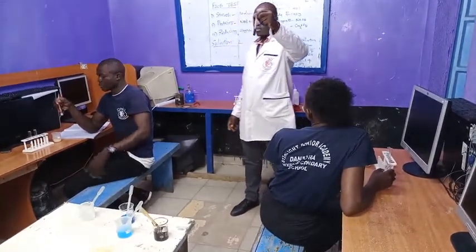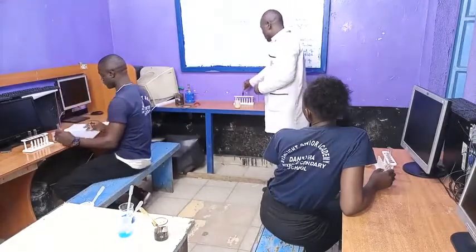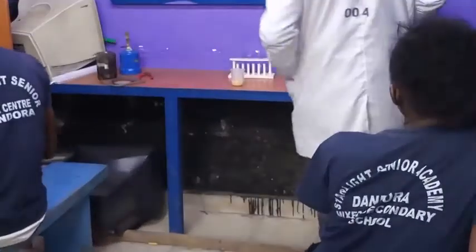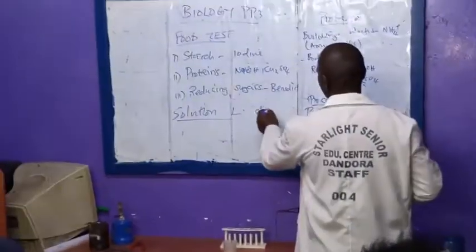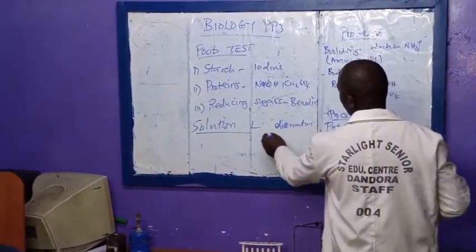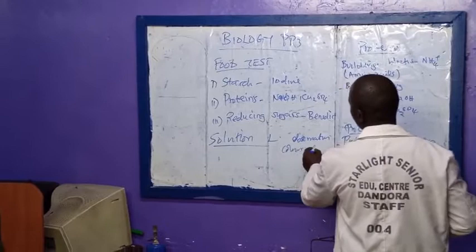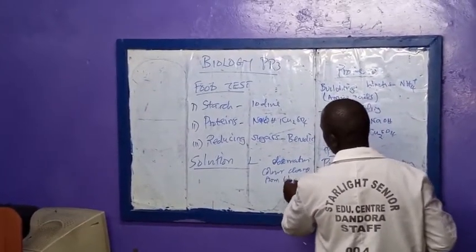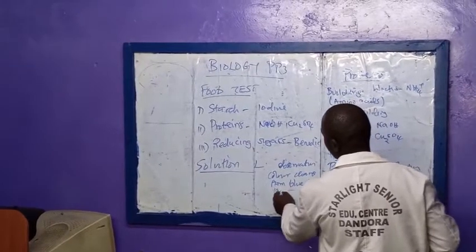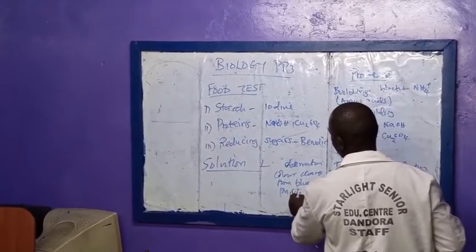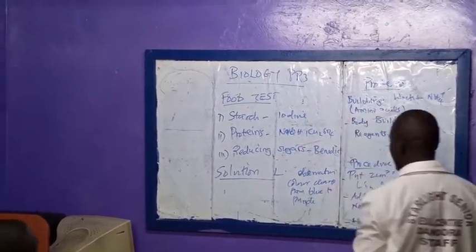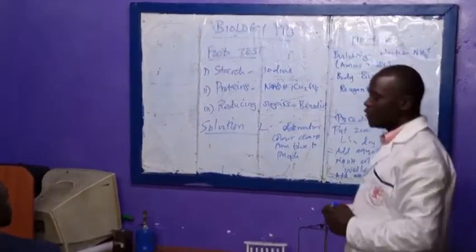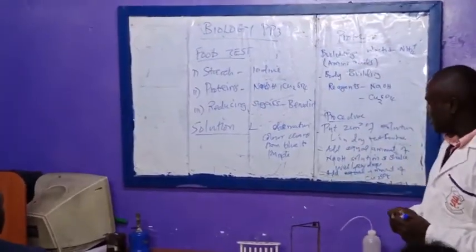So the observation would be: color change from blue to purple. Blue is the color of copper 2 sulfate.